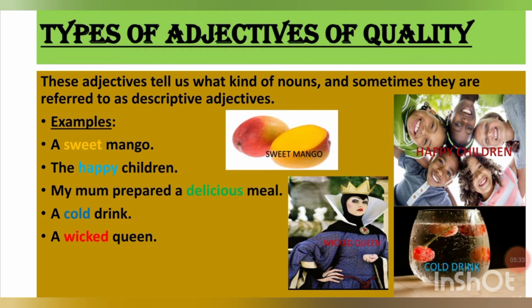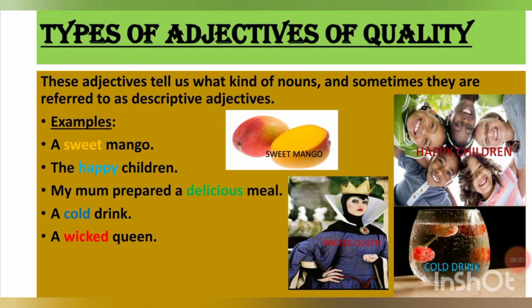So the word happy describes the quality of the children. Okay? My mom prepared a delicious meal. The word delicious is describing the meal. Okay? A cold drink. Can you see the cold drink there? Yes, cold there describes the quality of the drink, either it is cold or hot.